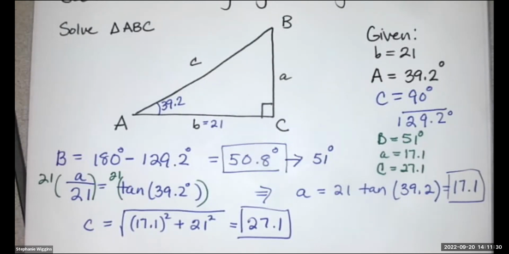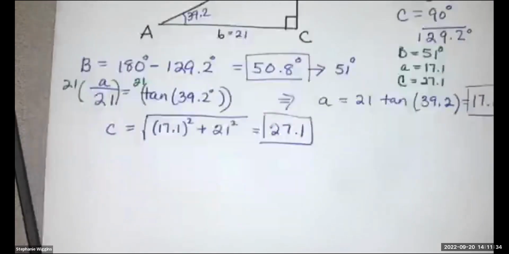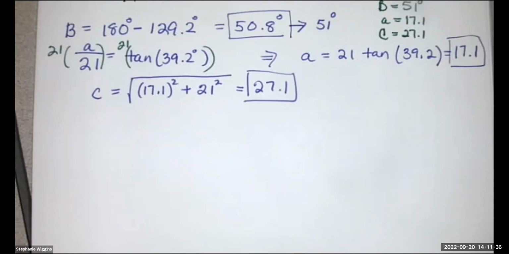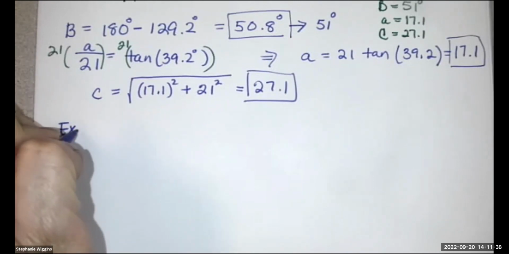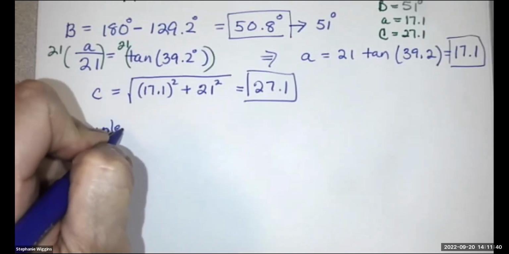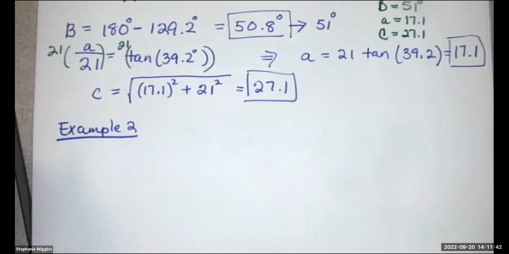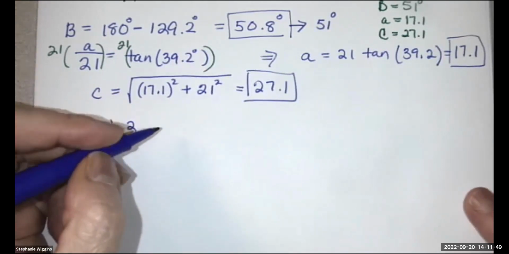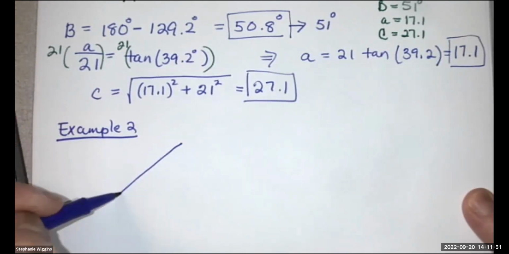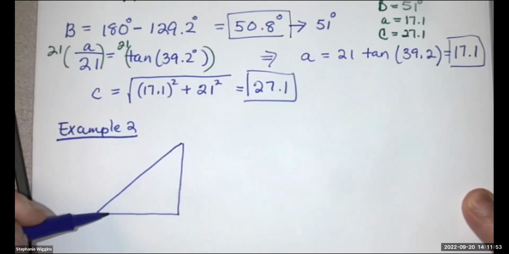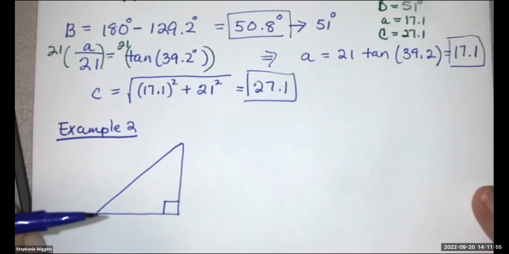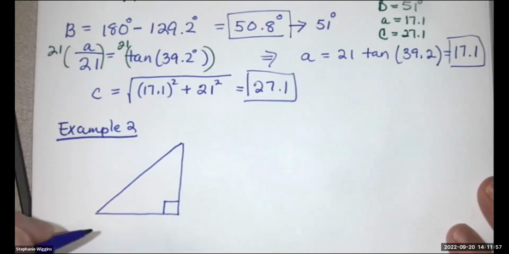So anyway, let's do some more examples. So this time, I know that it's a right triangle, so I'm going to draw that, but I'm given two sides.